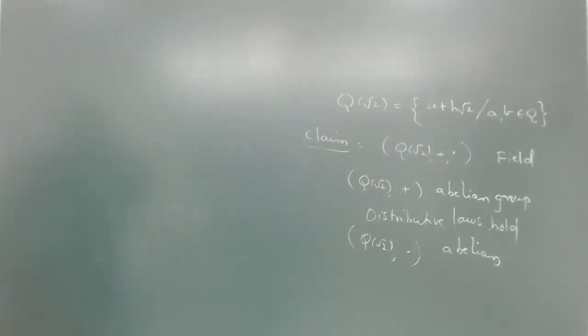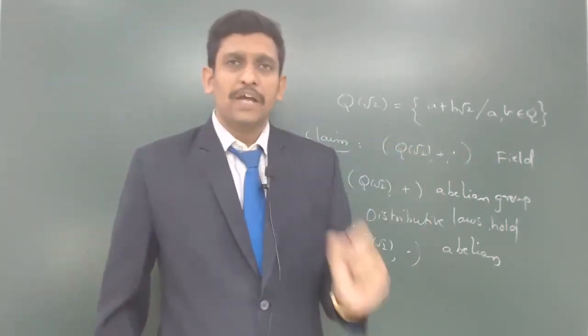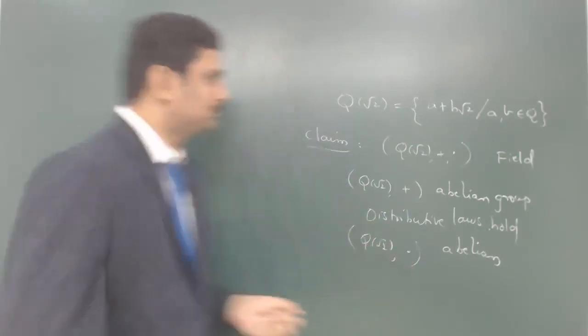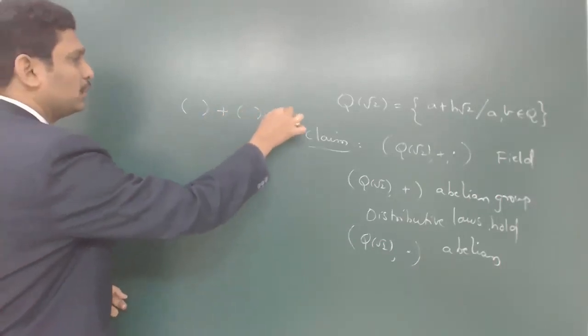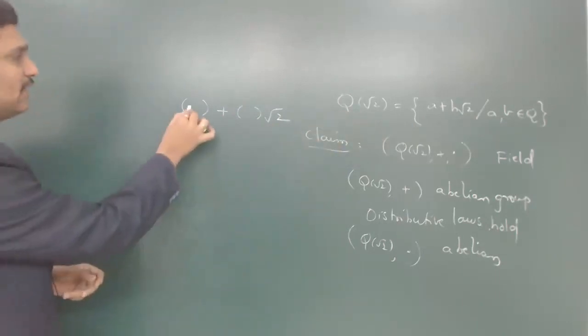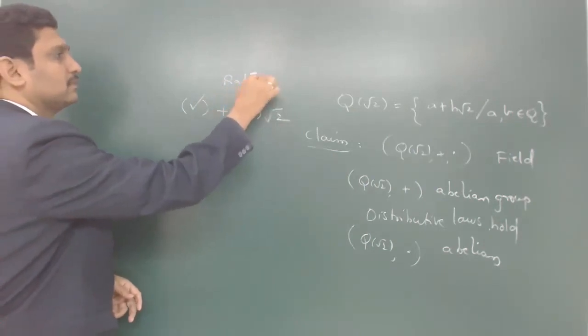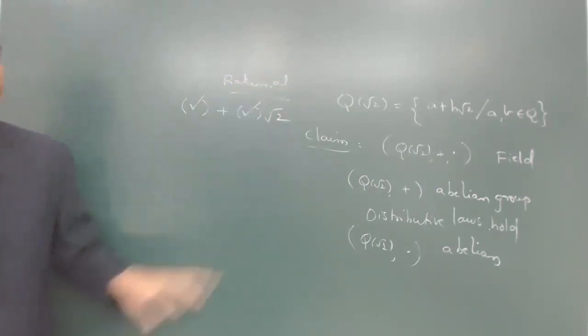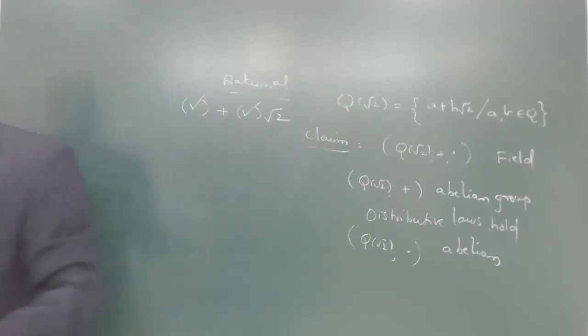Okay. Now if you look at the pattern, every number of the form some value plus some value into root 2 will belong to the set, where the values are nothing but rational numbers. This is the objective in writing the pattern of numbers in this set. Fine.